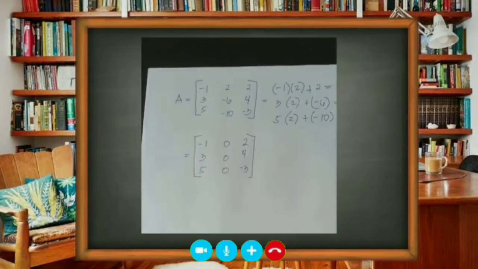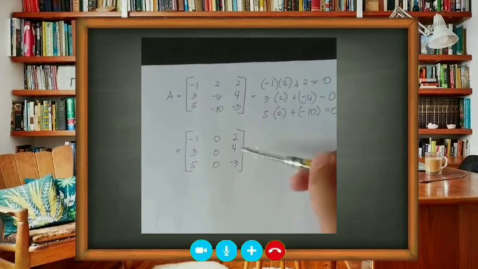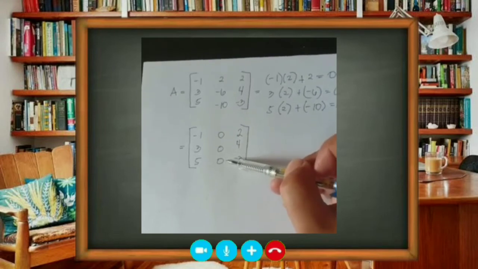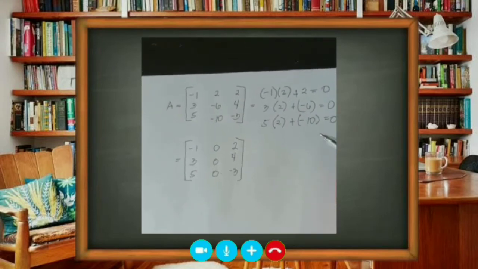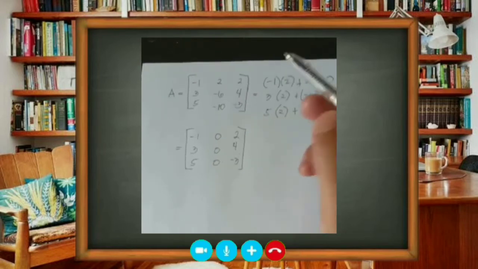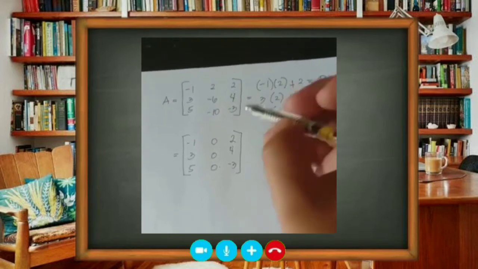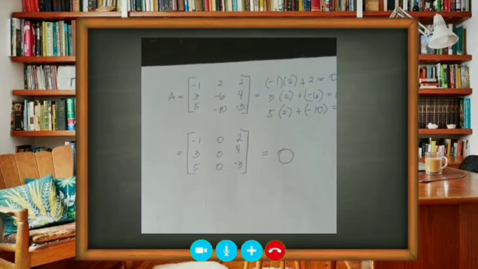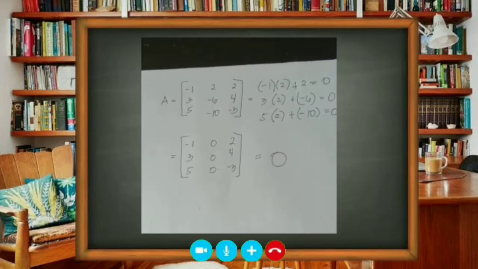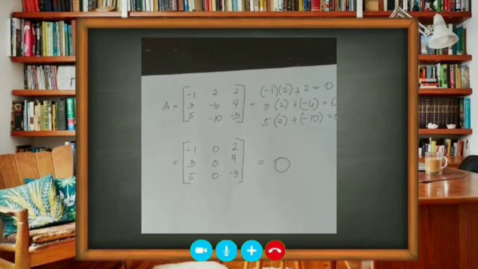We now have a column of zeros, which is the second column. That's why we don't need to continue to rewrite the matrix in triangular form. Therefore, the determinant of matrix A is equal to 0. The validity of this conclusion follows from Theorem 3.1.